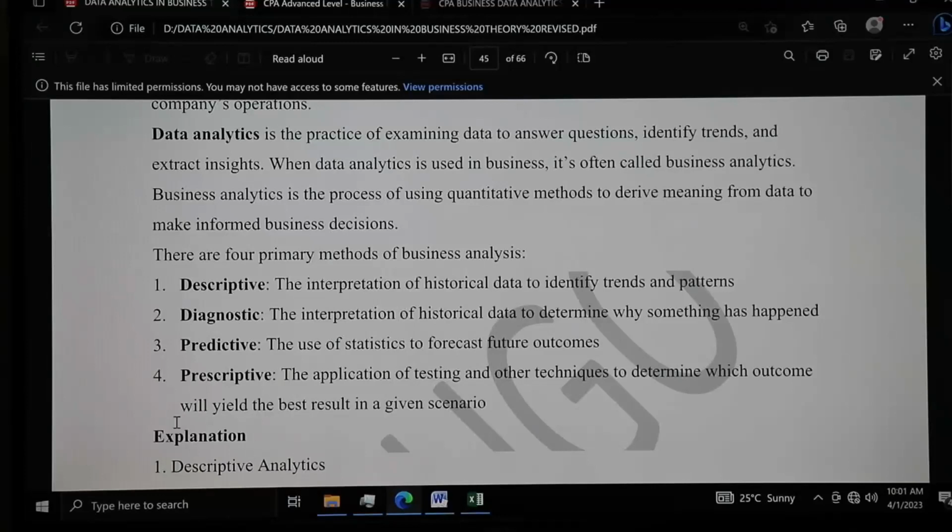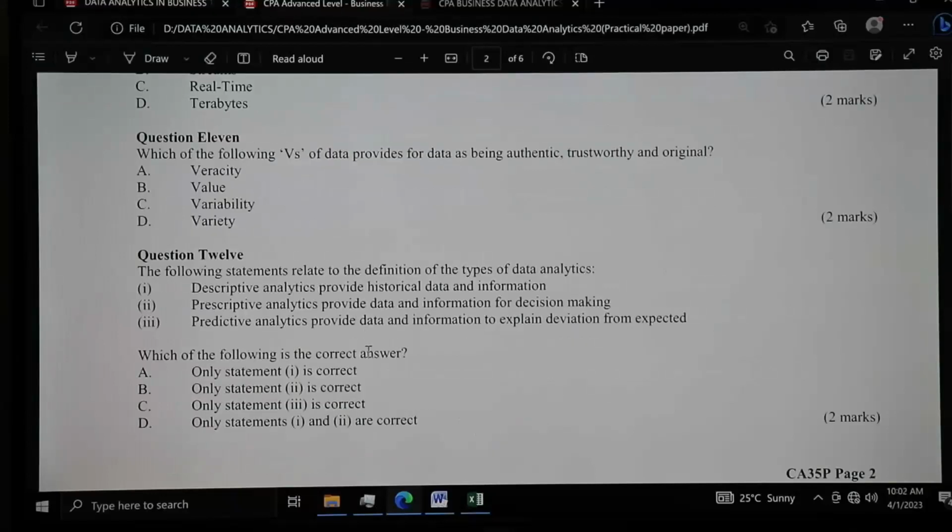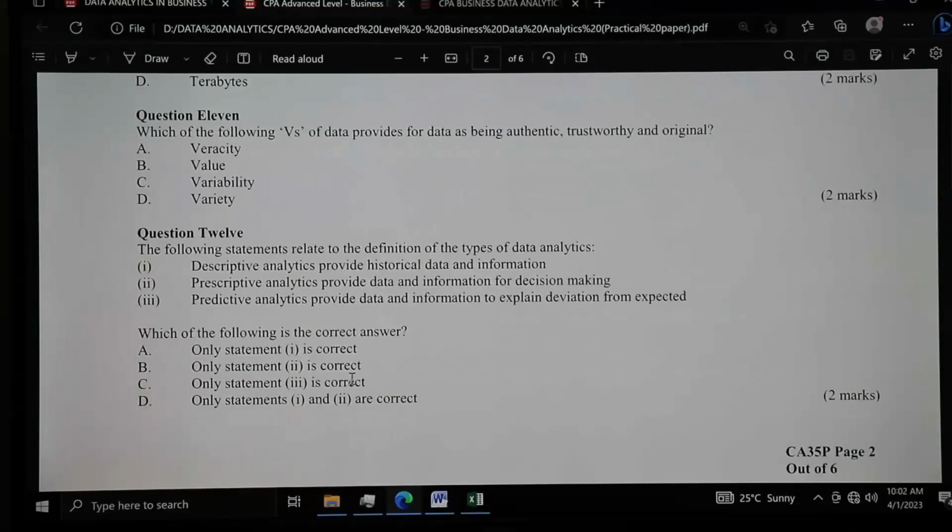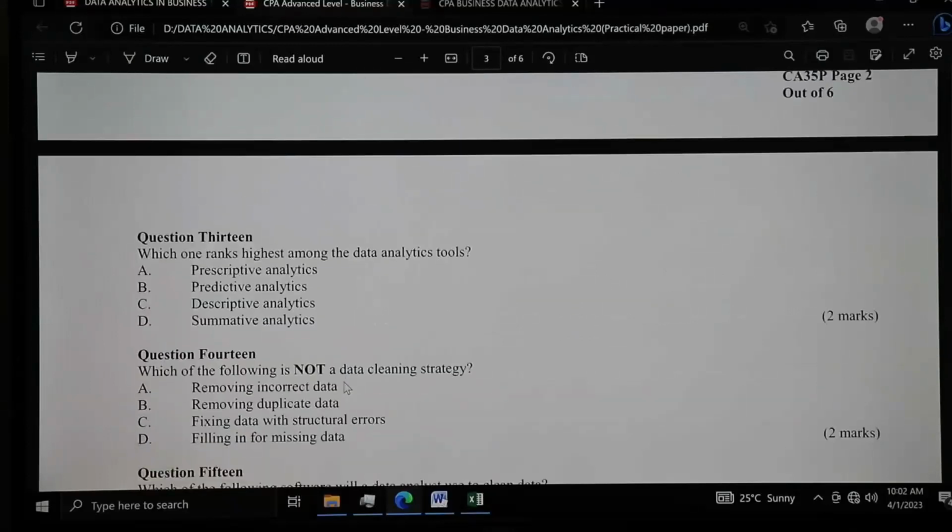It describes and interprets historical data and identifies trends and patterns. But the rest, if you check both, are not correlating with what we already have, so they are not really defined.